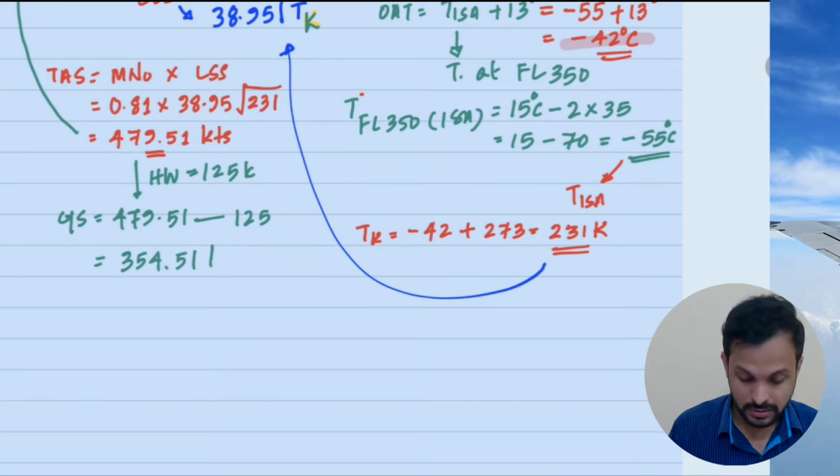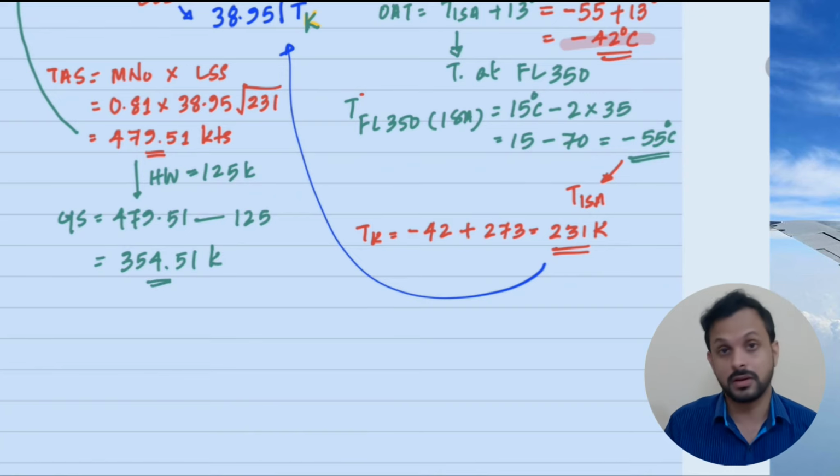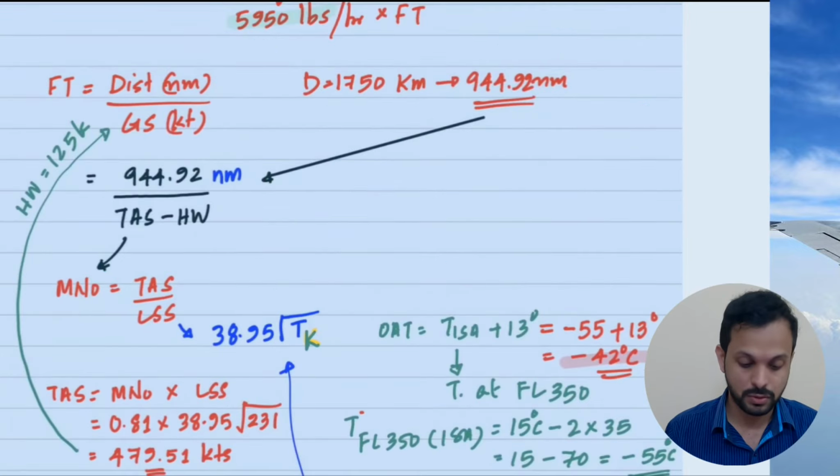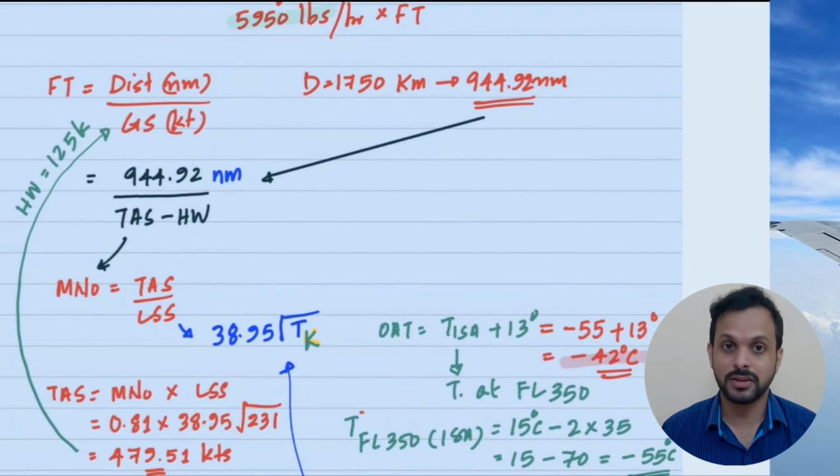So you can see I am carrying the decimals with me throughout this question, and you will realize that if you round off lavishly in between, your answer might be a bit confusing between the options. So make sure you carry forward the decimals as much as possible, use the answer function as much as possible. Perfect. We have the ground speed here. Once you have the ground speed, apply it to this equation and you will get the flight time.